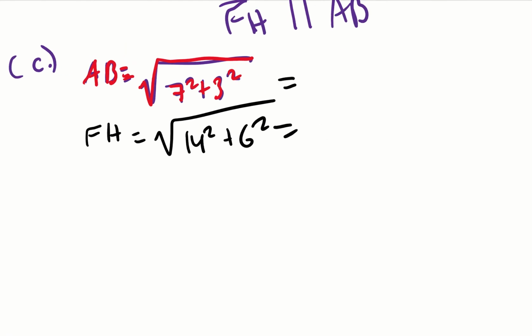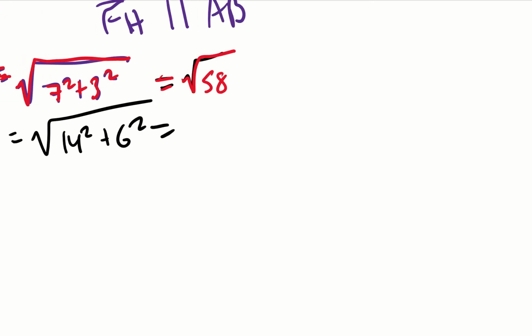And we'll go ahead and calculate these numbers. So we got 49 plus 9, so that's the square root of 58. We got 14 squared plus 6 squared. We'll go ahead and do that. 14 squared should be 196, but let's double check here. And then we'll add that to 36. We got 196 plus 36, so 232.